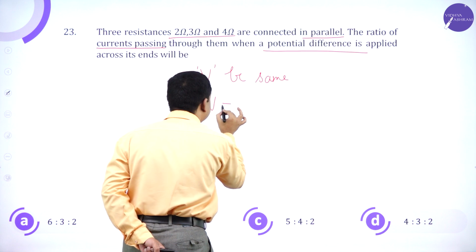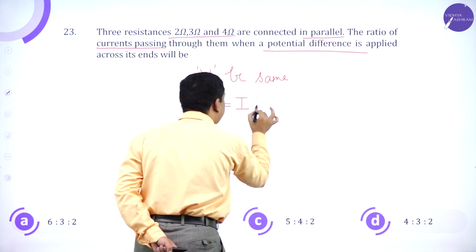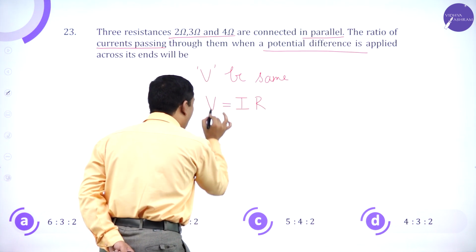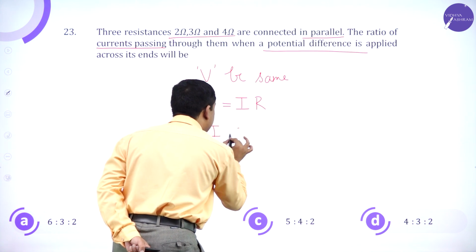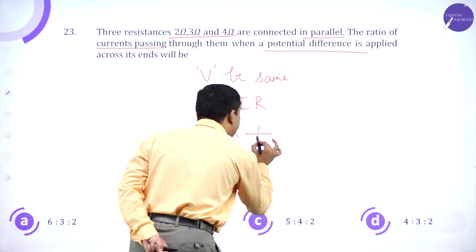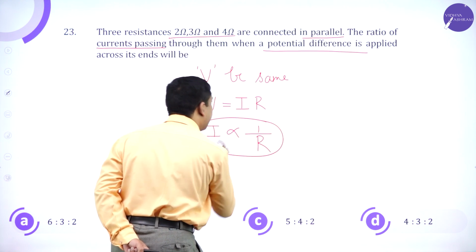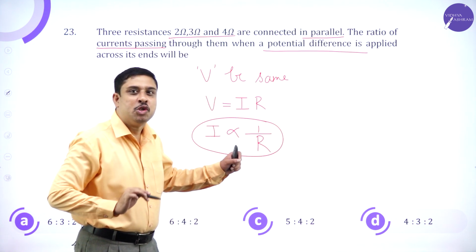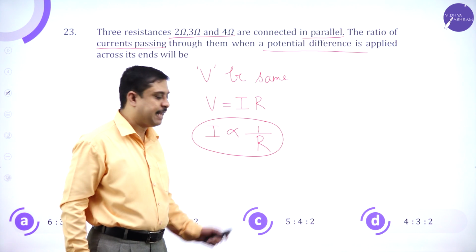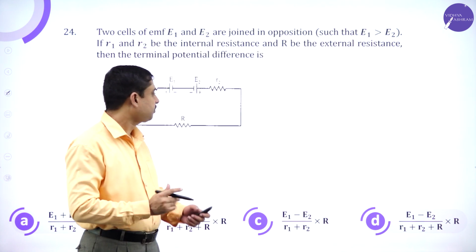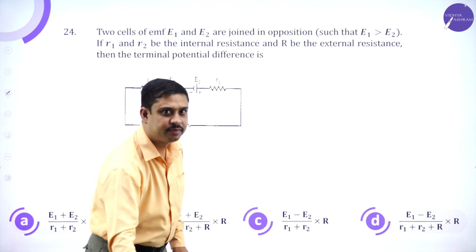Ohm's law says V is I into R. Voltage remains same, so I is inversely related to resistance. Use this hint, arrive at the answer. Now, the next one.